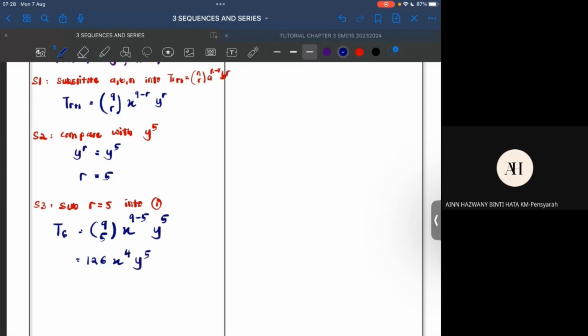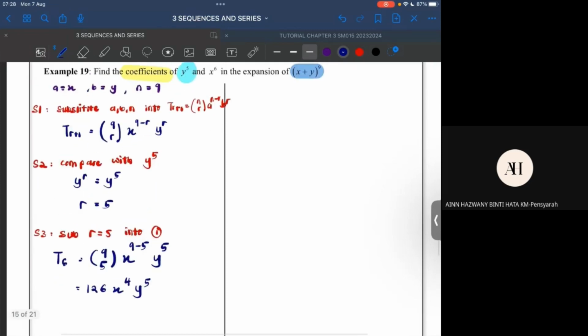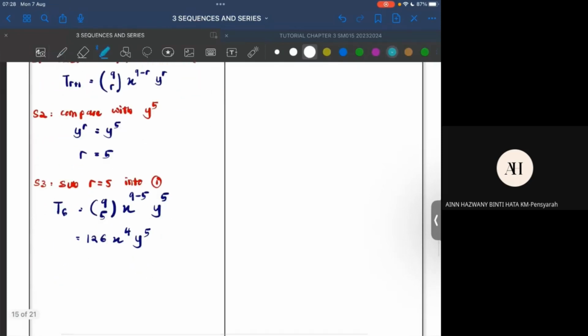Okay, so as you can see from here, dia minta coefficient of Y5. So padam Y5, selain daripada itulah coefficient kita. Dia minta coefficient of Y5, padam Y5 kita, selain daripada itulah coefficient kita termasuk dengan X4.